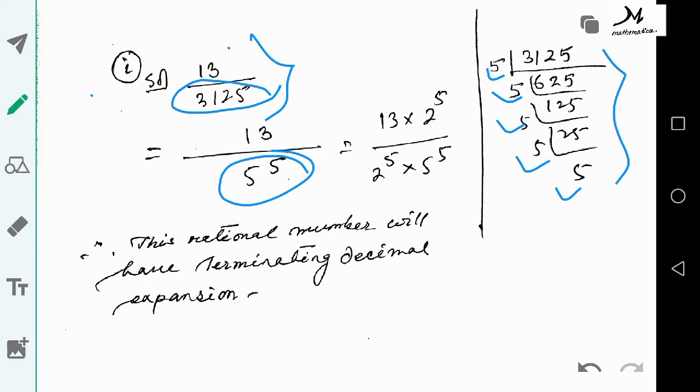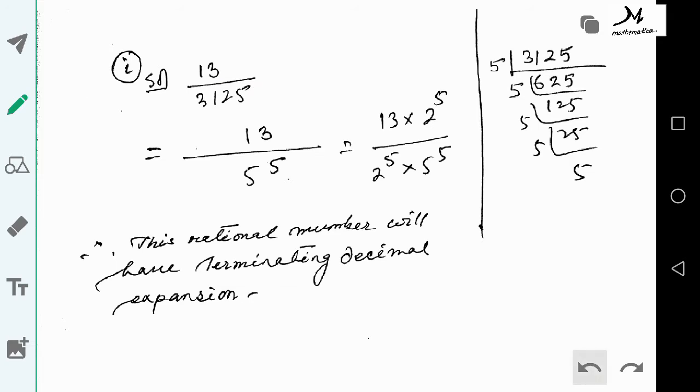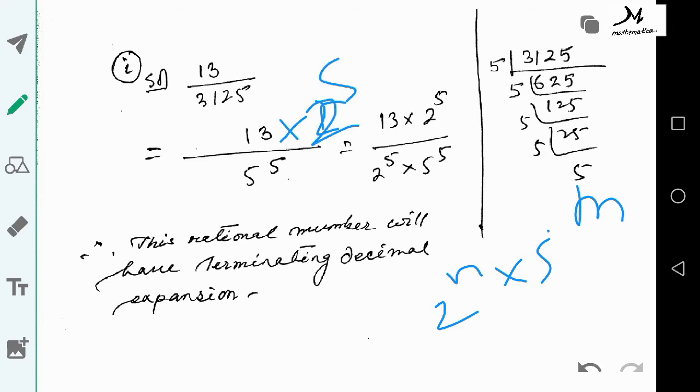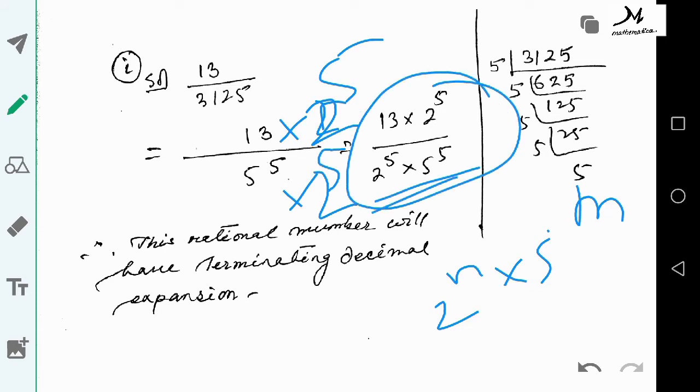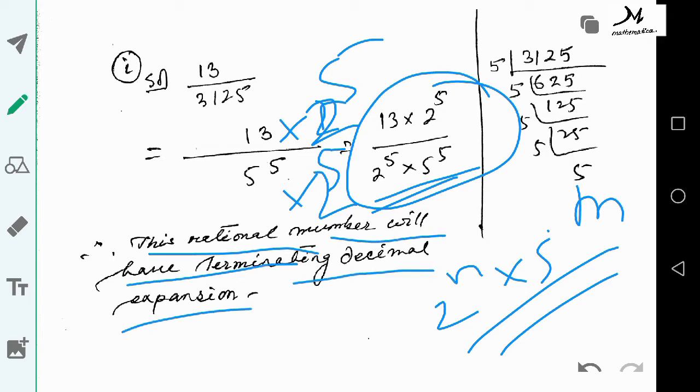From this factorization we can obtain the 2 to the power n into 5 to the power m form, if we multiply both the numerator and denominator by 2 to the power 5. So we can say this rational number will have terminating decimal expansion.